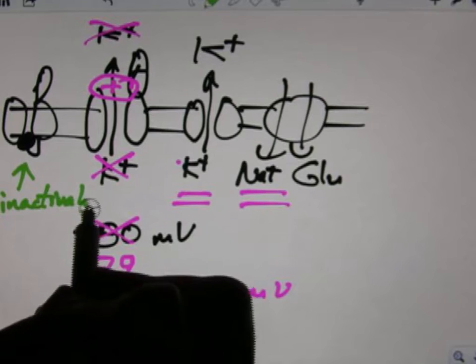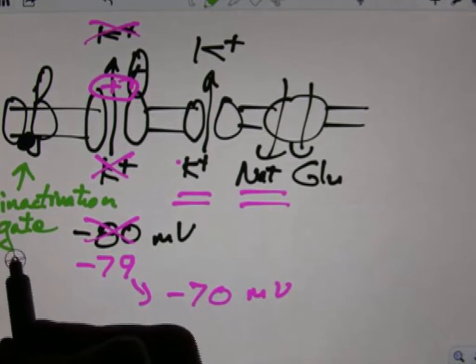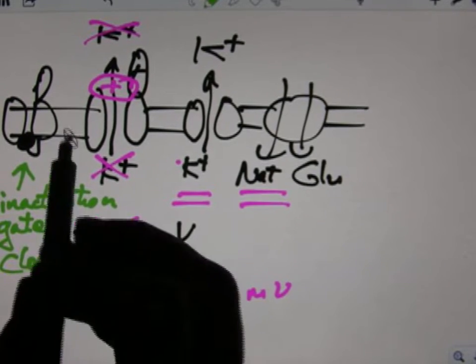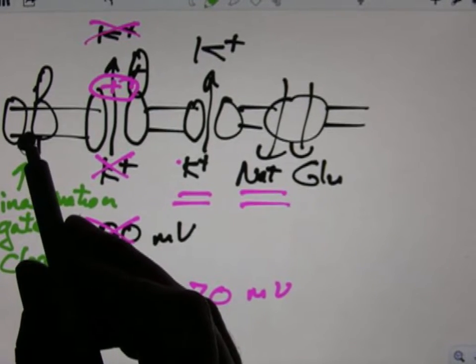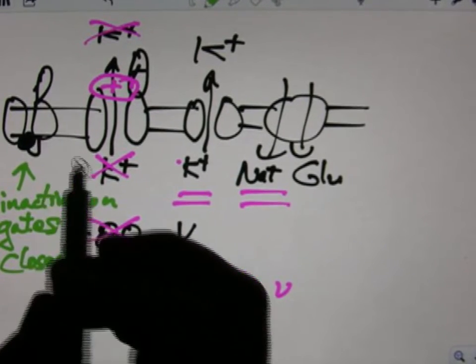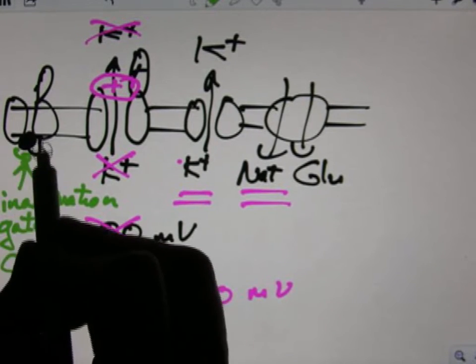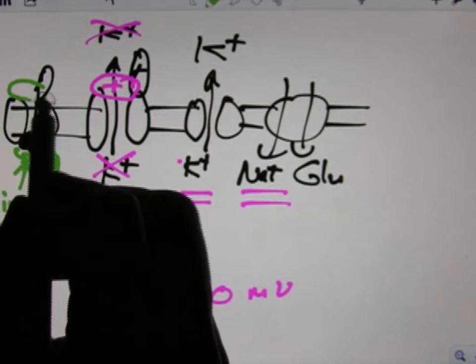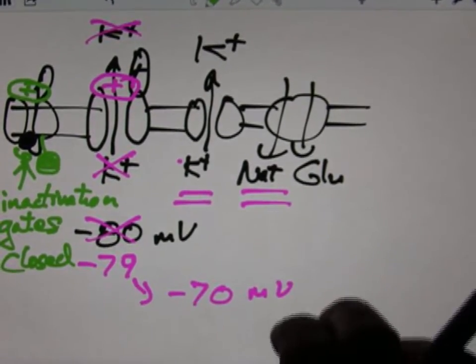So at this point, even though we're back at -70, we can't get a new action potential until over time, and we're talking maybe a few milliseconds here, depends a little on the cell, those gates swing back open and the activation gates wind up being closed, and at that point we're back to our original situation.